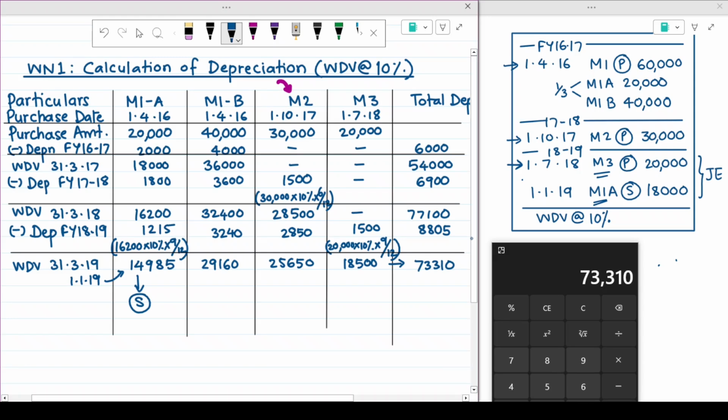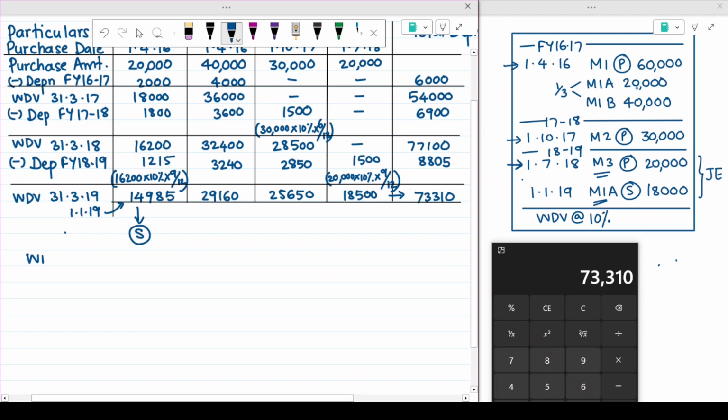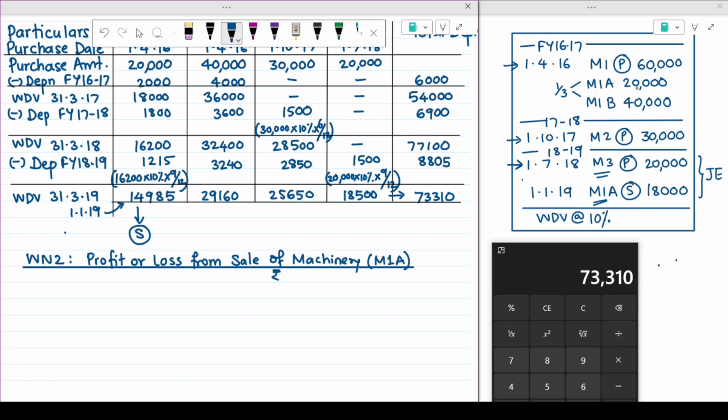So we will have to do the working of profit or loss from sale of this machine. Let's do that. Working note 2, profit or loss from sale of asset, sale of machinery. In our case here we have taken it as M1A. So how will we calculate? Sale amount minus WDV as on the date of sale, that is as on 1st Jan 2019, right?